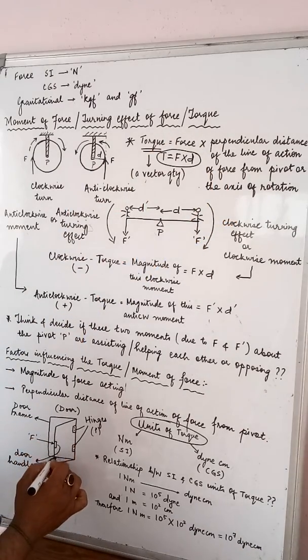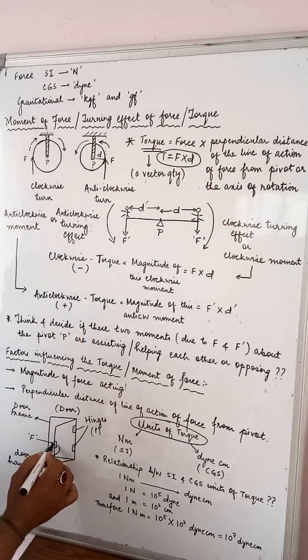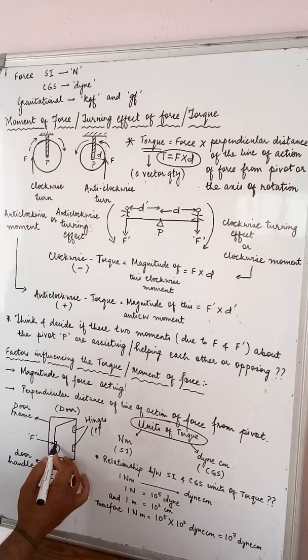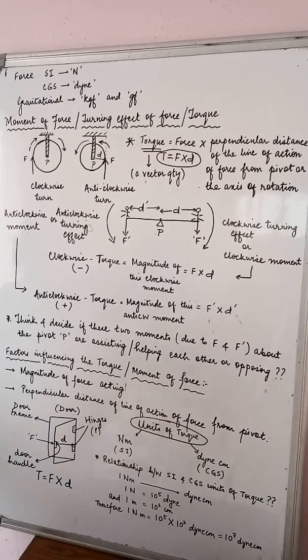This is the line of action of force, because here we are applying the force and these are the pivots. So this distance D is what we are talking about. Once you put it in, you will be able to get the overall value. This force is creating a turning effect; you can either open the door or close the door.